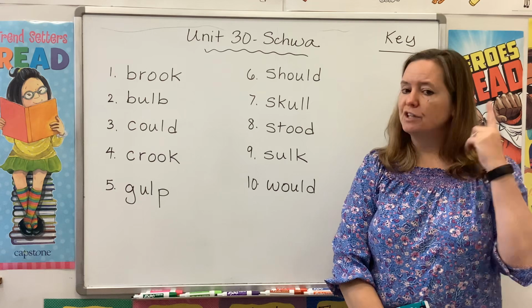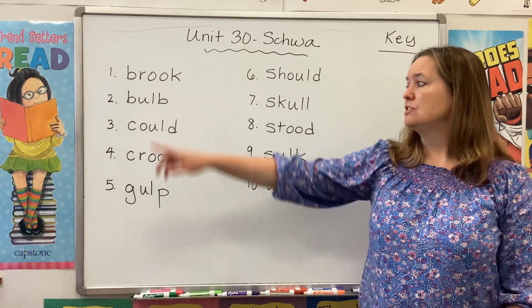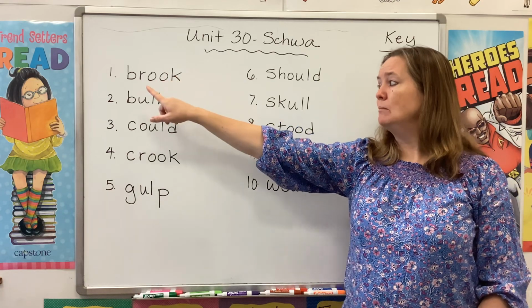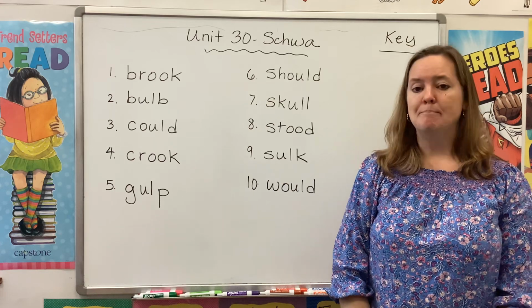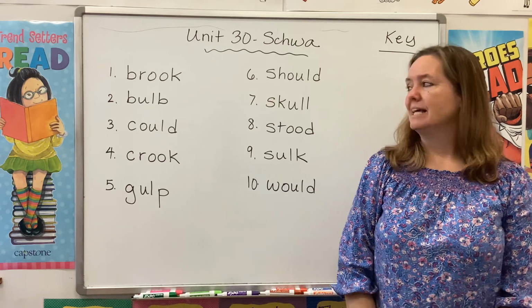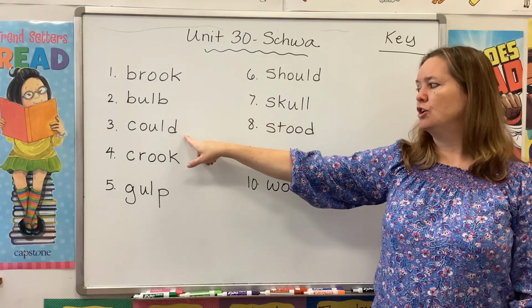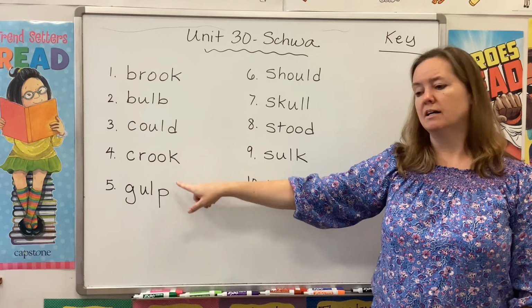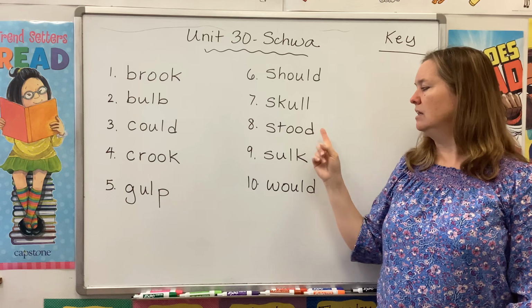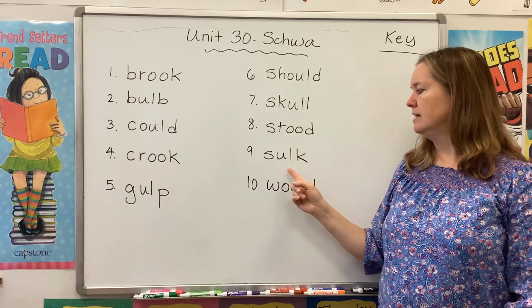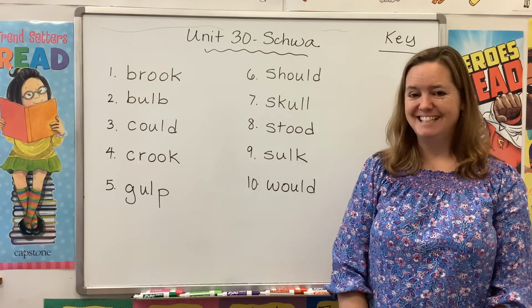As we do, use your ear to listen for that sound and use your eyes to look for the vowel team or the vowel and consonant team that work together to make that sound. Here we go. Brook, bulb, could, crook, gulp, should, skull, stood, sulk, and would. Did you hear that schwa, that sound?